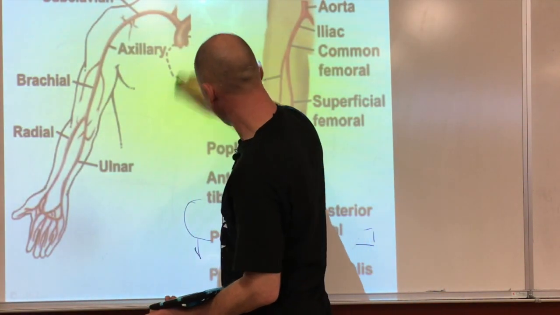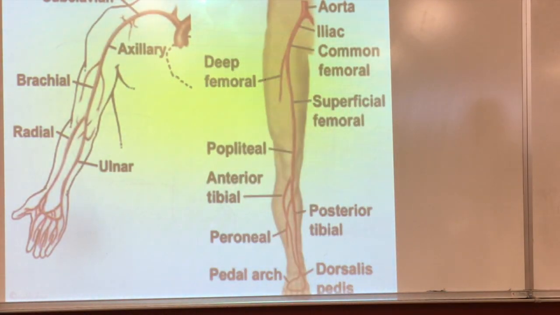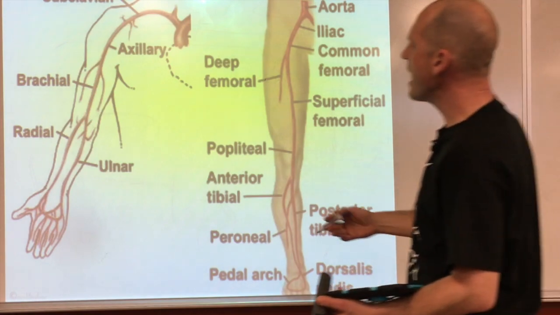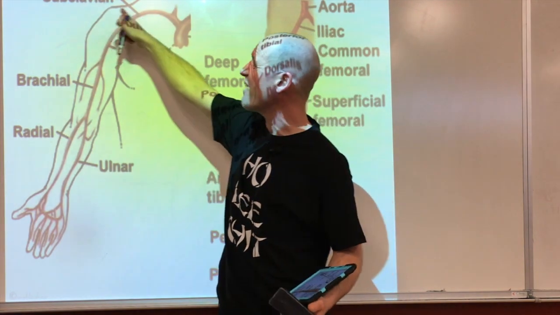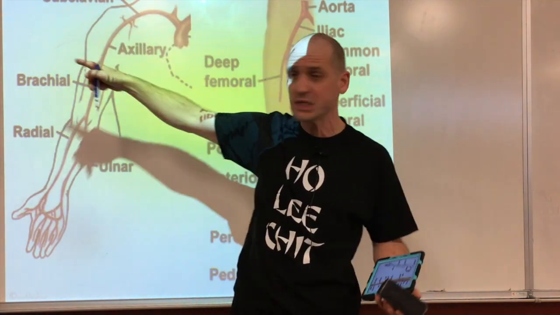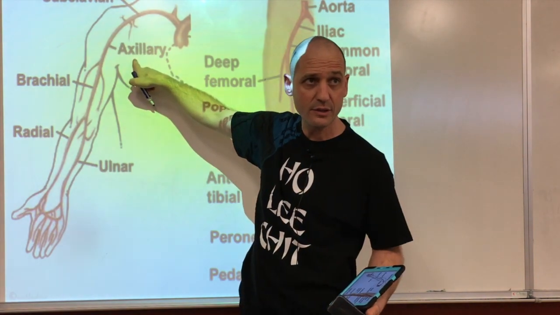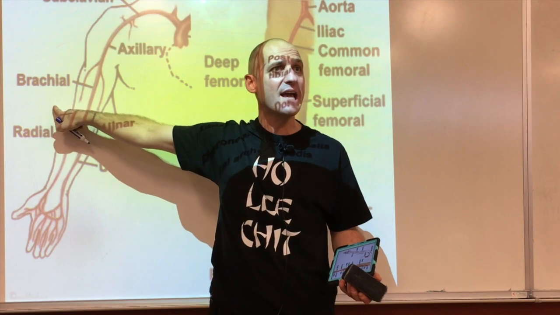So let's see, we have more that I want to go through briefly. Oh, that's a big picture. See, look, as we go to the arm, we talked about the subclavian. That's underneath the clavicle, subclavian. Then in the axilla, that's the place where it stinks, it's the axillary artery. That's the armpit. Then we have the brachial. How many muscles did we have that are called brachii?